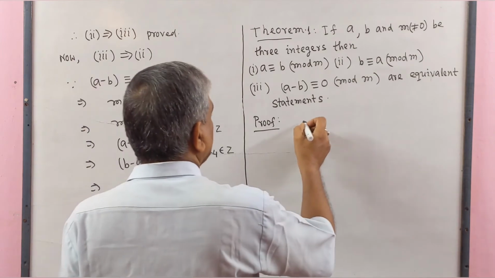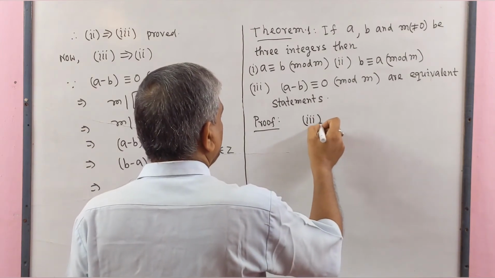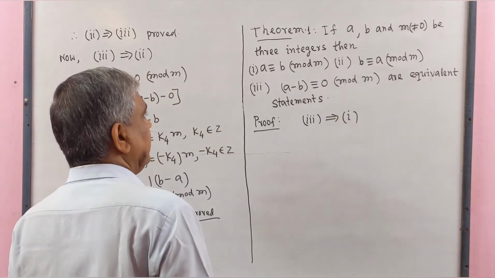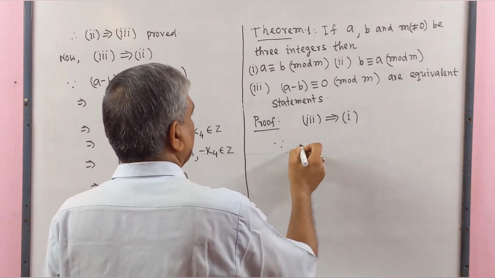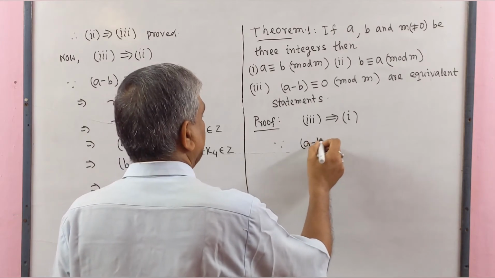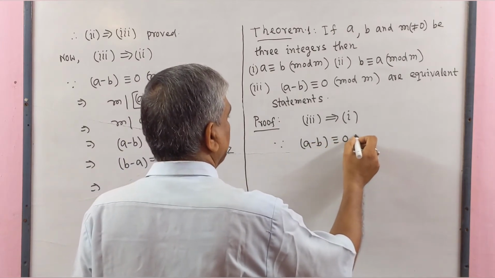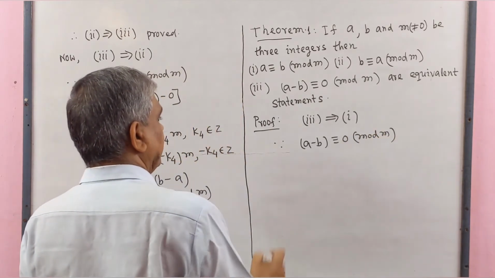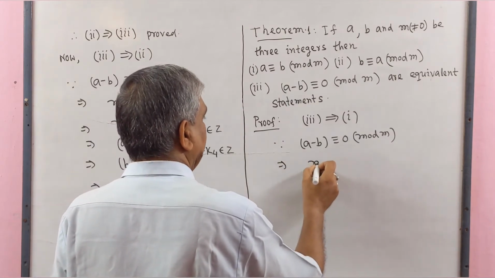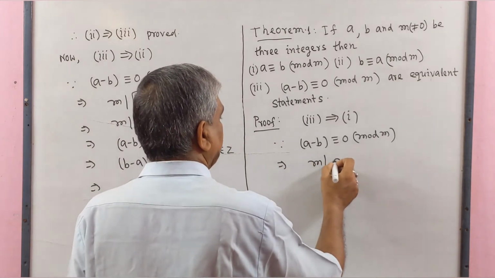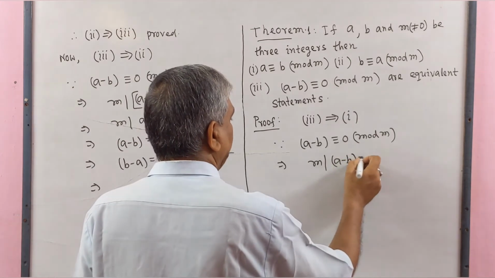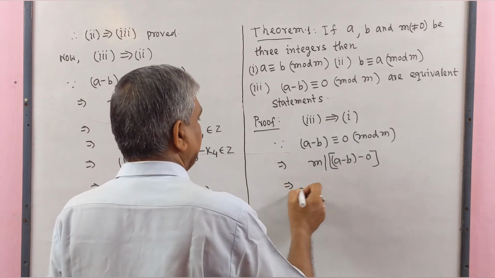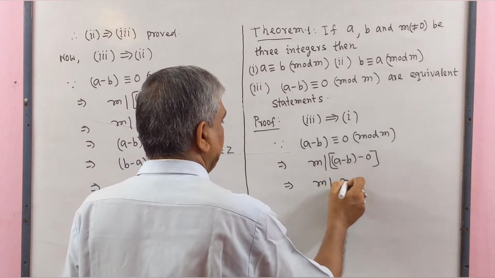Now to prove 3 implies 1. In 3, a minus b is congruent to 0 modulo m, which implies that m divides a minus b minus 0, which implies that m divides a minus b.